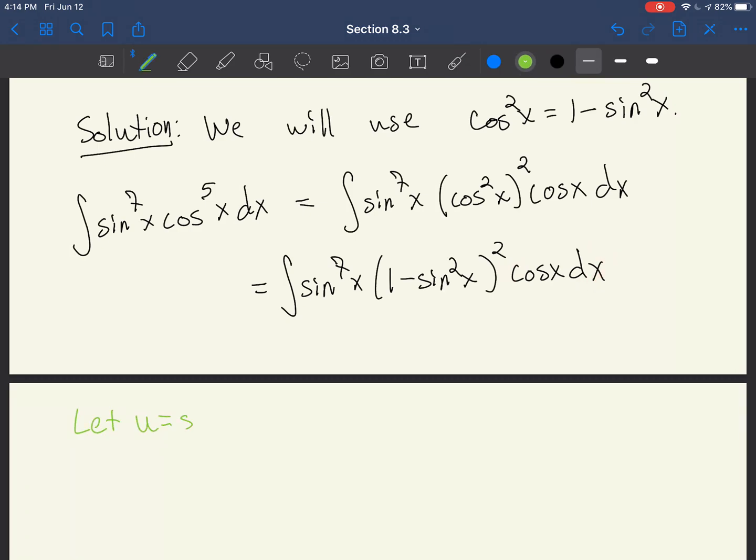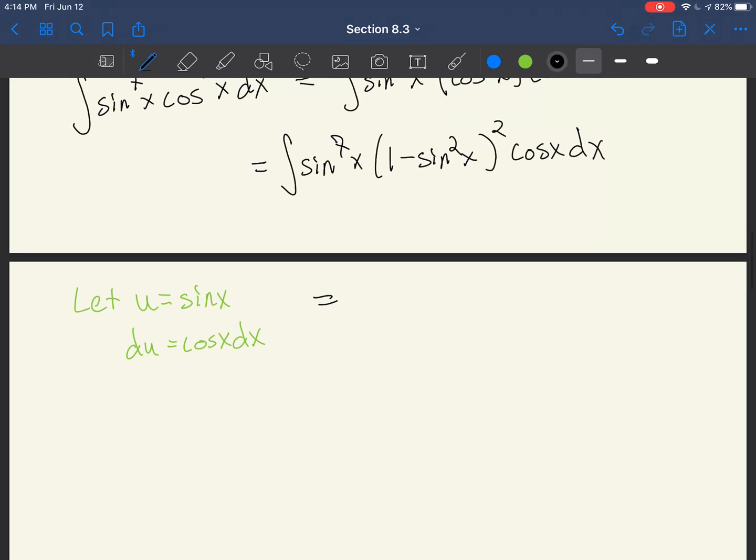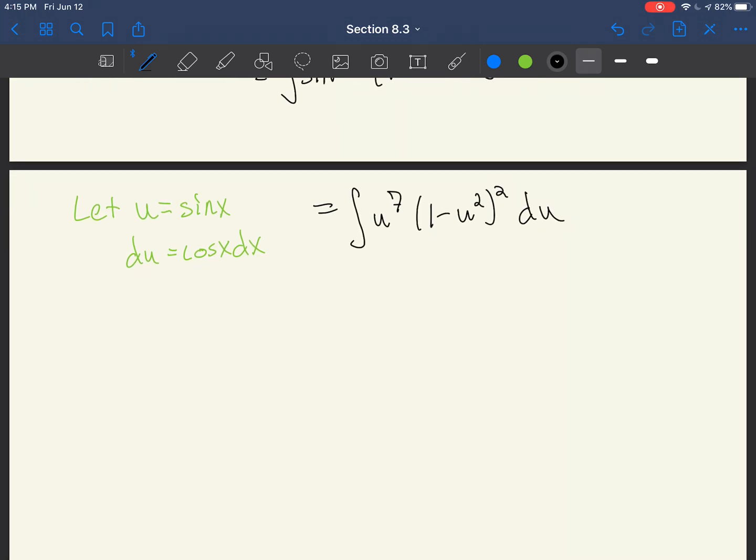So we're going to let u equal sine x. So we have u to the 7th times 1 minus u squared squared du, which is good enough. I said just set it up.